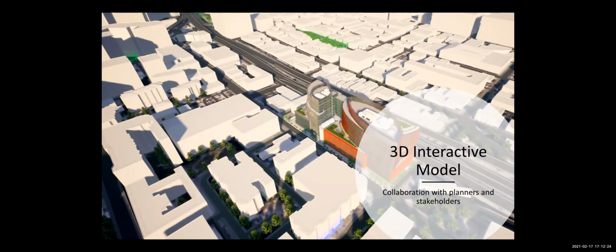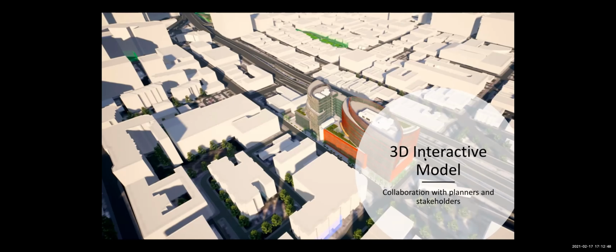So this next project was one of our projects in San Francisco. The whole idea for this is we've done, at HOK, a lot of projects in San Francisco, and we're always going after pursuits and trying to look for more ways to get our clients to engage with us more.